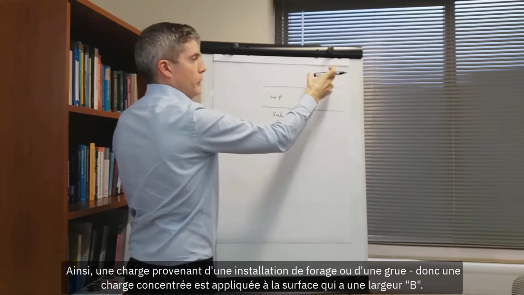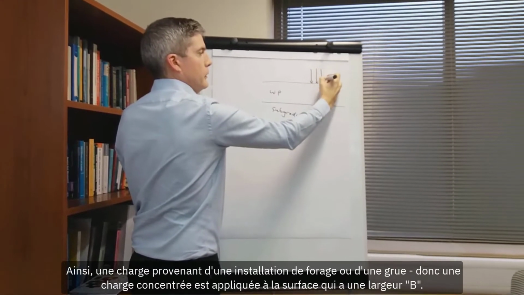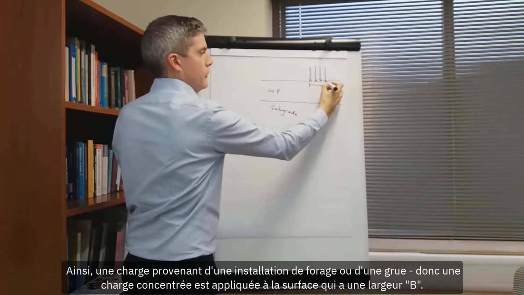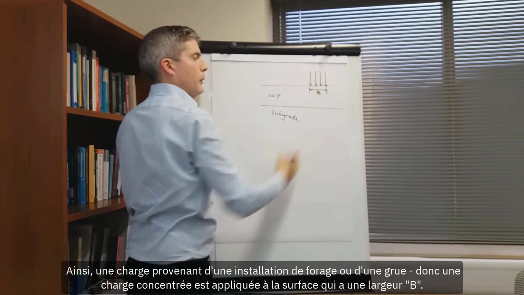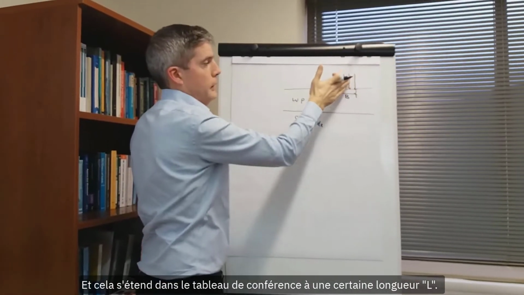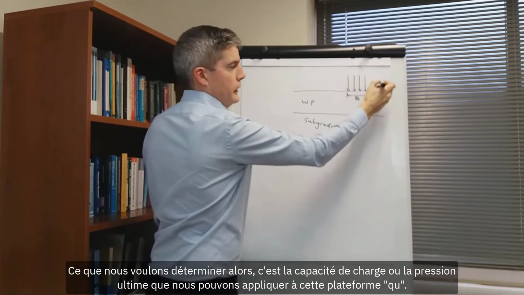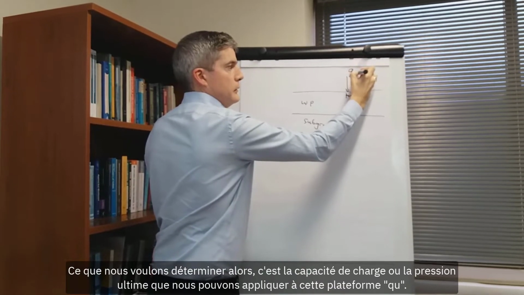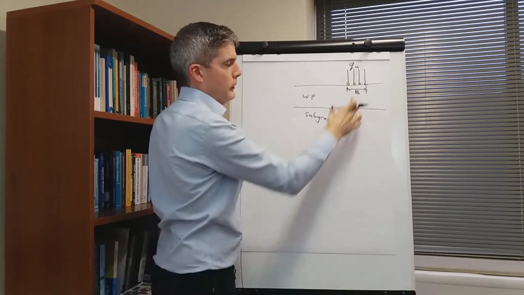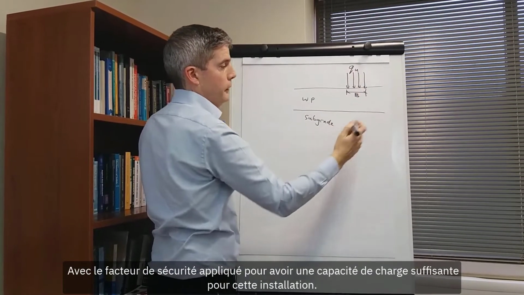A load from a piling rig or a crane, a concentrated load, is applied at the surface that has a width B, and that extends into the flip chart to some length L. What we want to determine is the bearing capacity or ultimate pressure QU we can apply to that platform, with a factor of safety applied to have a sufficient bearing capacity for that plant.